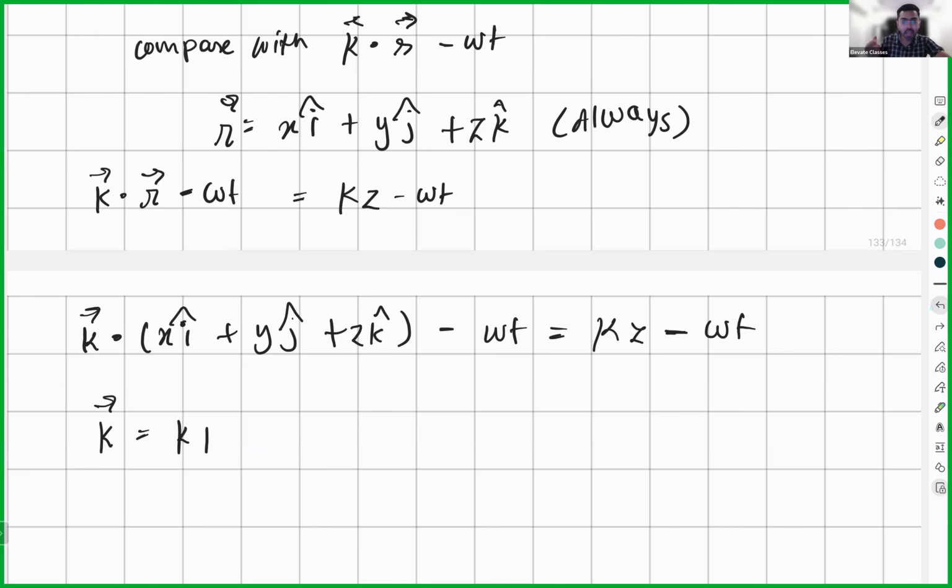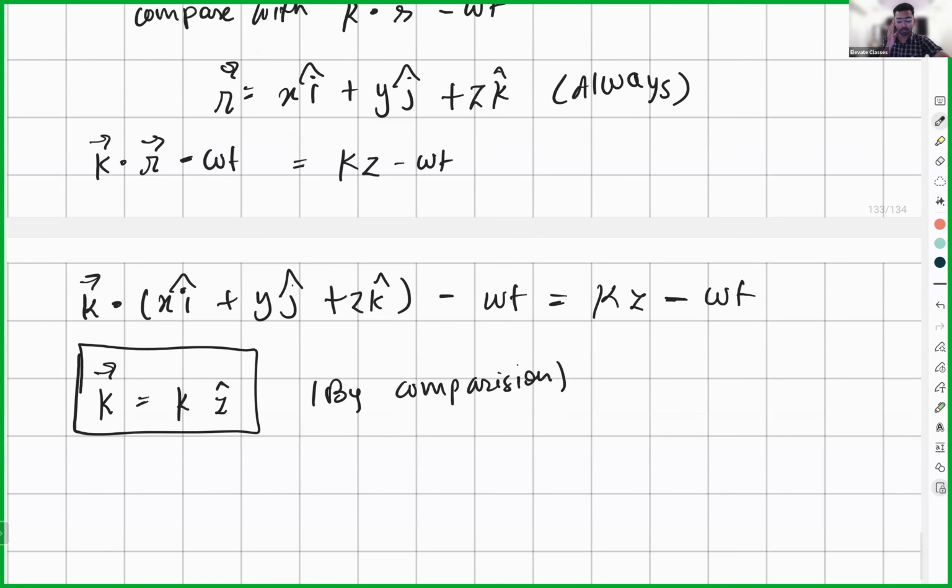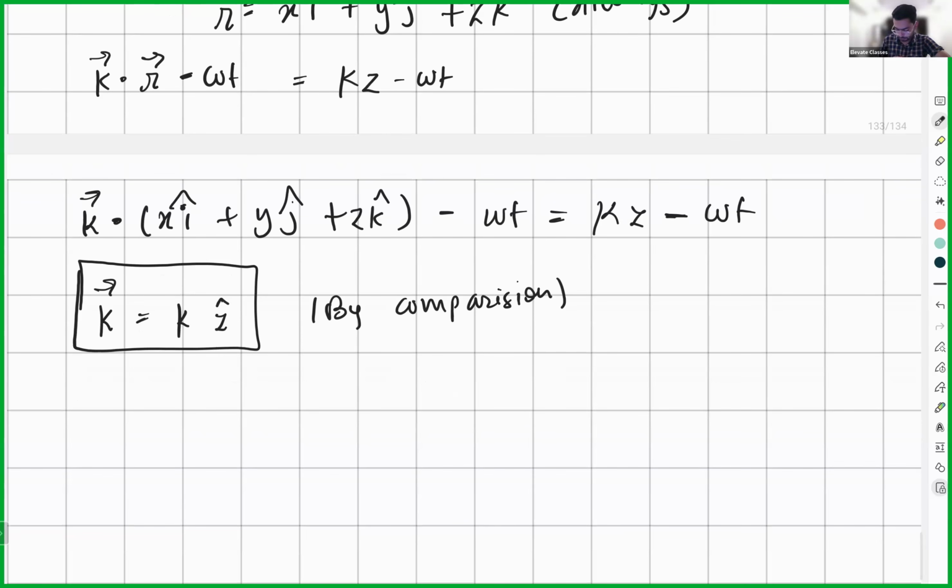Okay, k into k cap looks confusing, so that's why I'm writing z cap. By comparison, the x and y components of k are absent, 0 and 0, to satisfy the expression. So k vector becomes k z cap.